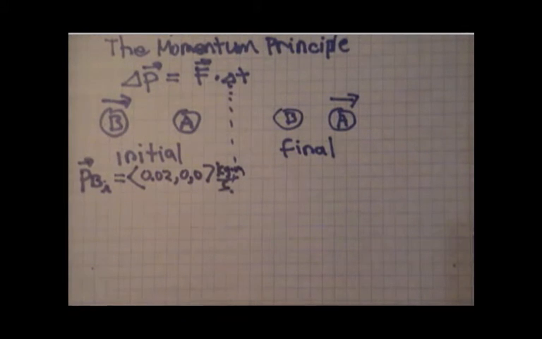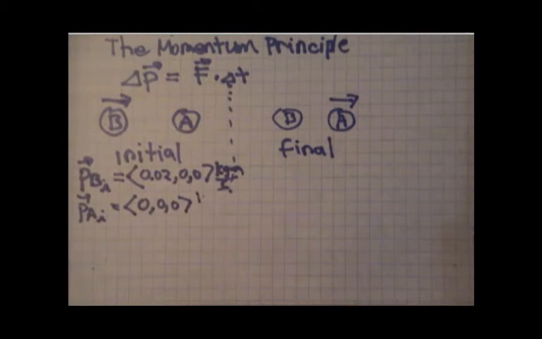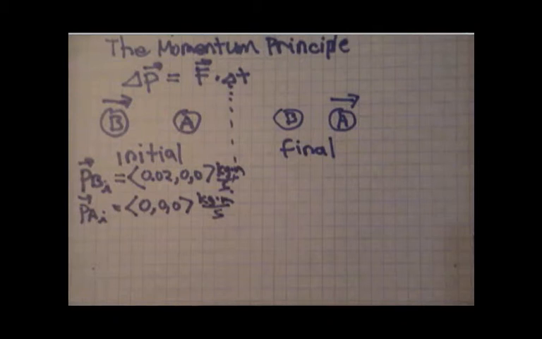And ball A initially, of course, is stationary, so that's easy. All three components of its momentum are 0.